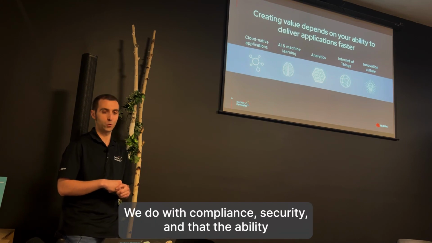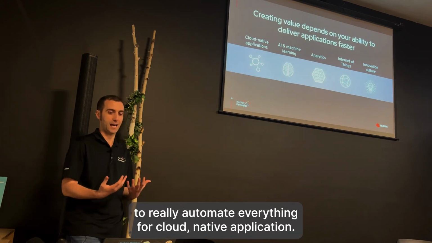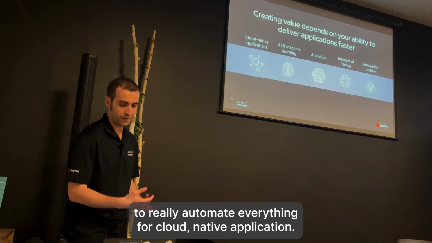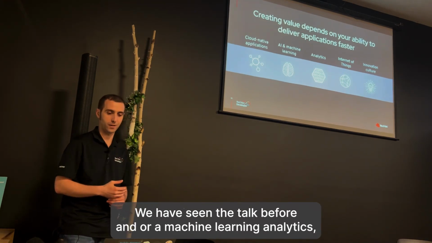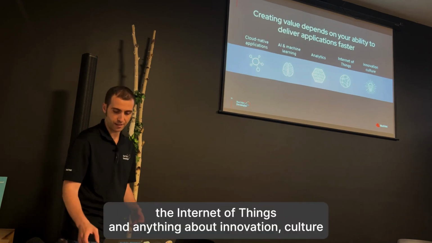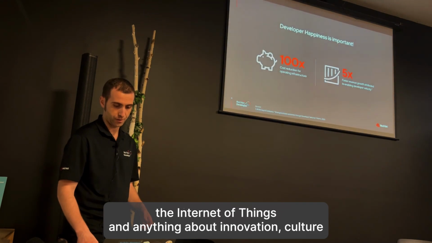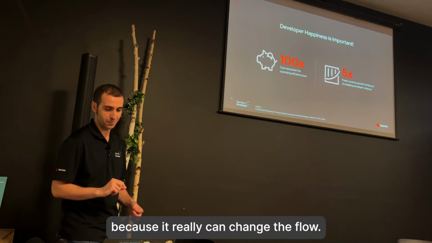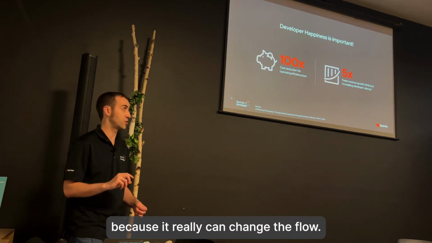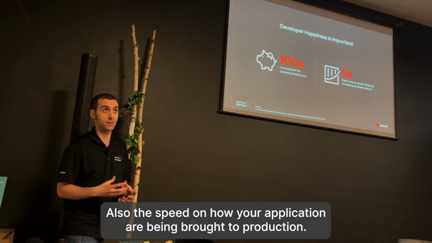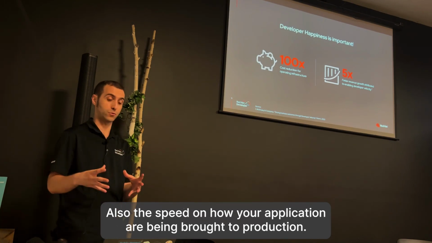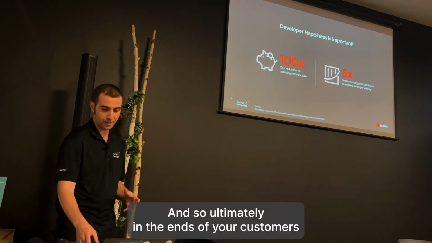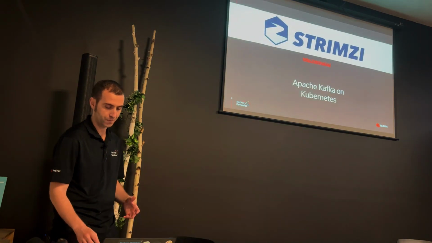Automation, with compliance, security, and the ability to really automate everything. For cloud-native applications, as we've seen in the talk before, or AI, machine learning, analytics, Internet of Things, and anything about innovation culture. And developer happiness, for you ops folks, developer happiness is really important because it can change the flow, also the speed at which your applications are brought to production, and so ultimately into the hands of your customers.